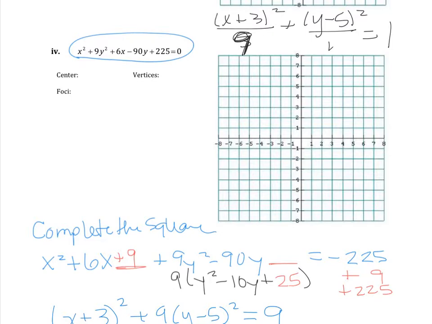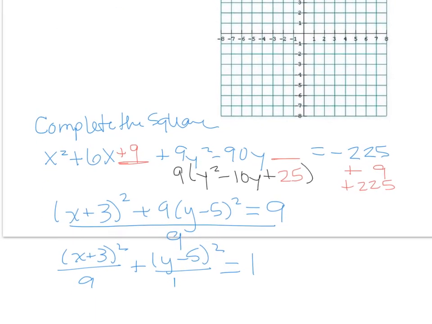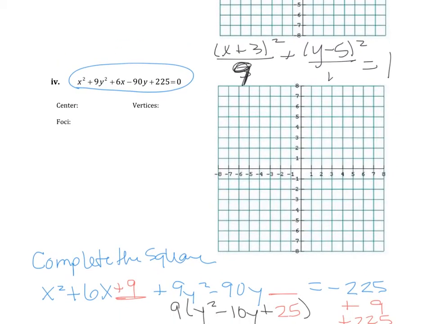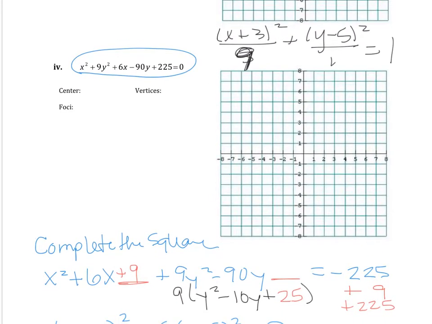Right, make sure again that I got that right. Y minus 5 squared over 1 equals 1. Okay, so now the center, this is where I made the mistake in the first video, the center is negative 3, 5.